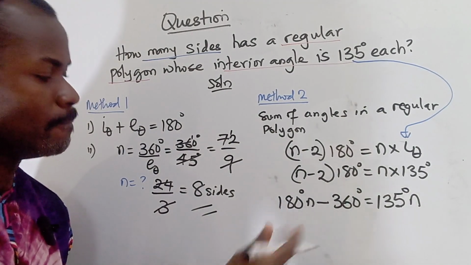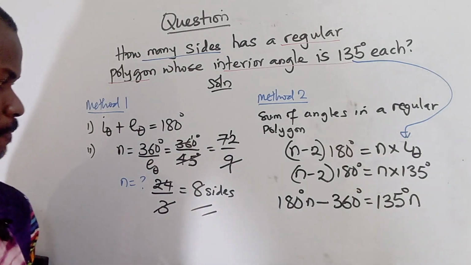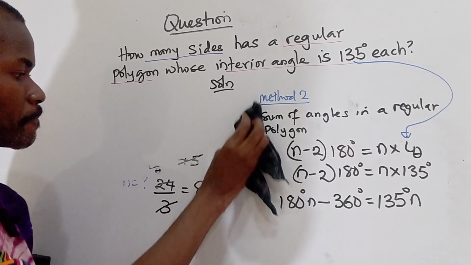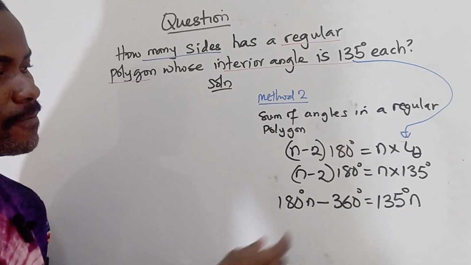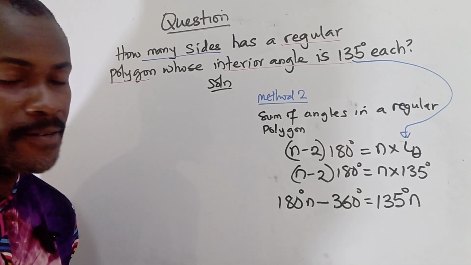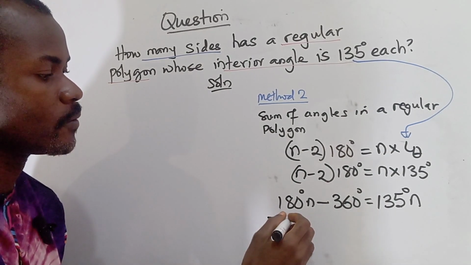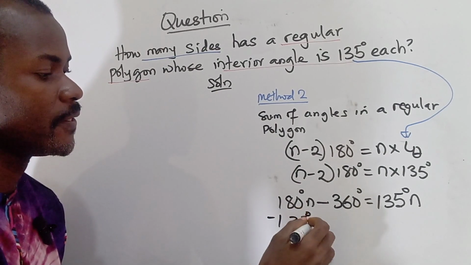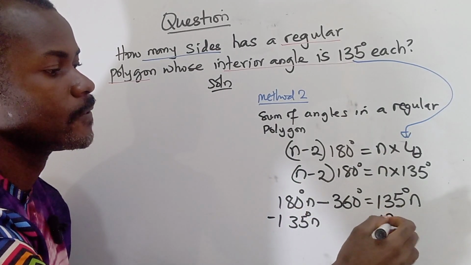From this, we can now further simplify to get the value of N. How do we simplify to get the value of N? I want to subtract 135 degrees N here, and I also want to do it here.